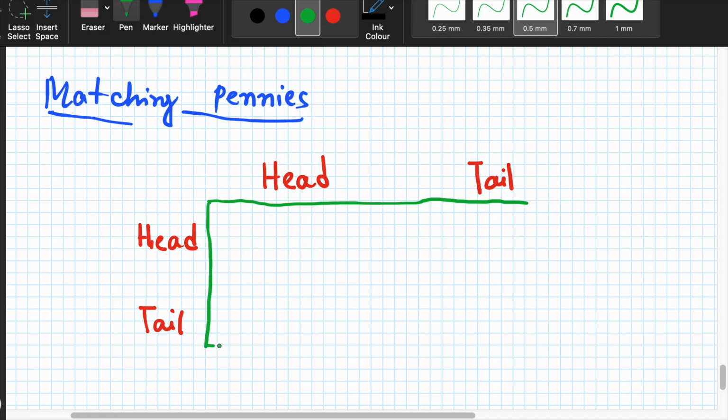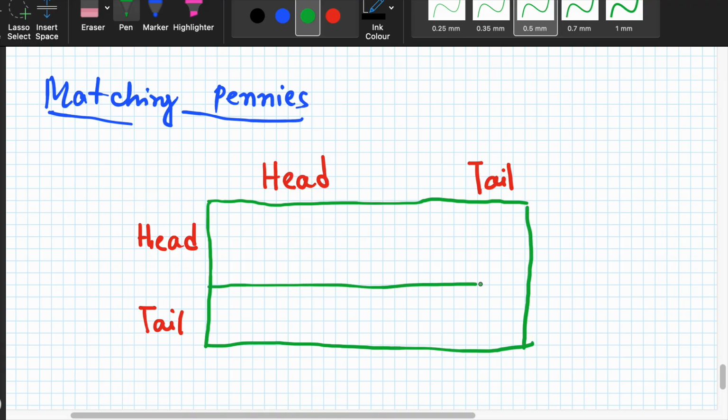Now we know that if both of them show the same side of the coin, player 2 gives player 1 1 rupee. So player 1's payoff is 1 rupee and player 2's is minus 1 rupee, because player 2 is giving player 1 a rupee. Here both of them are showing head, the same side of the coin, so this is the same as this.